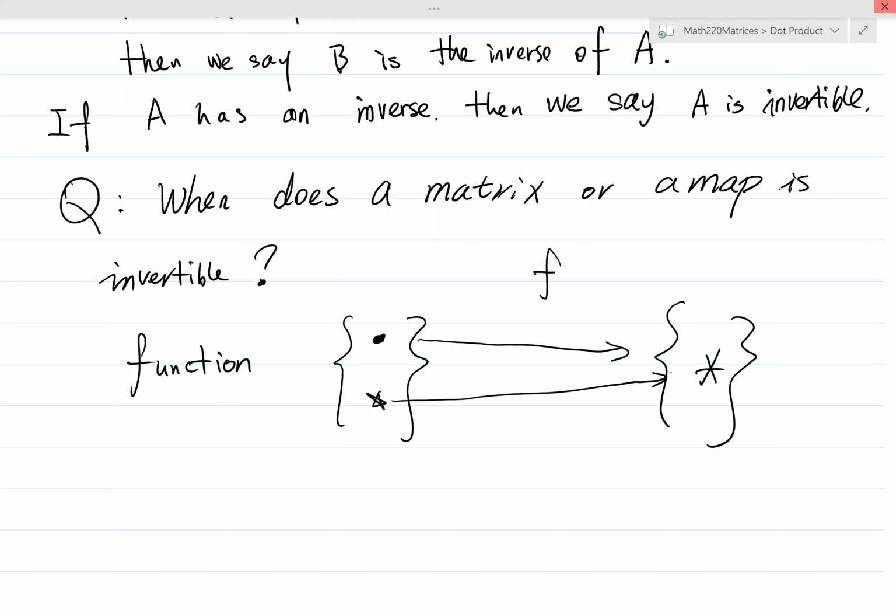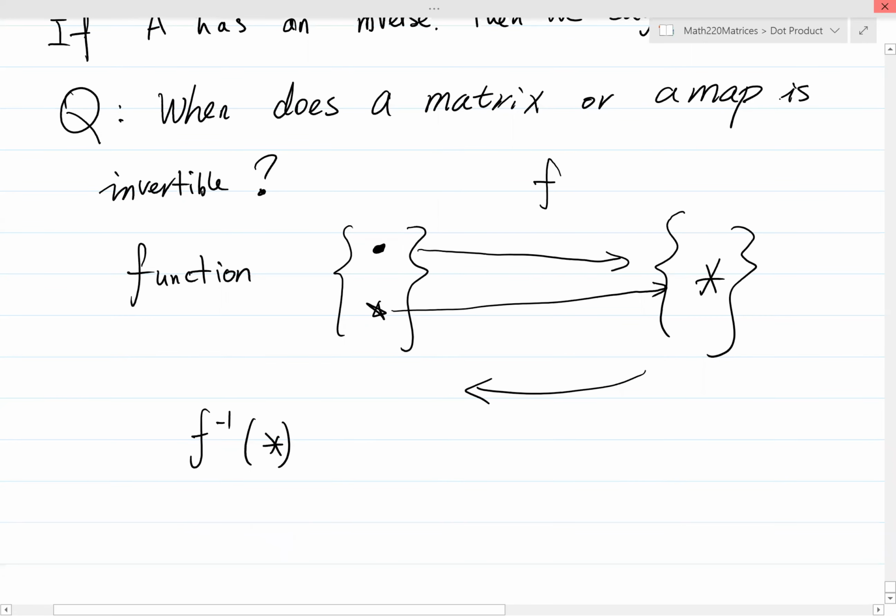Then you see the two objects map to the same object star. If we invert it, then we actually have to make a choice. For F inverse of star, we have two choices to make, whether it is the one bullet point or the other.